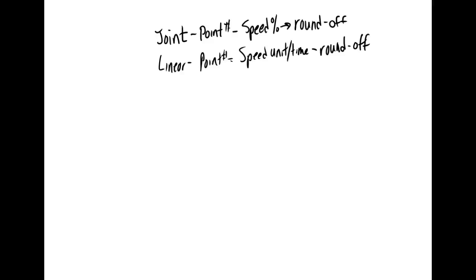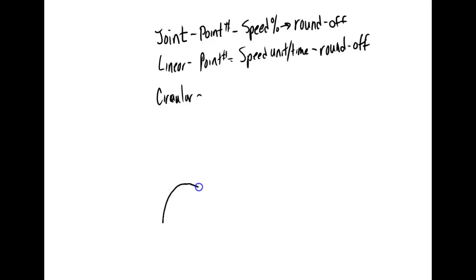And then we have what we call circular moves. Circular moves are going to consist of 3 points. We call it a circular move, right? But it's not really truly a circular move.